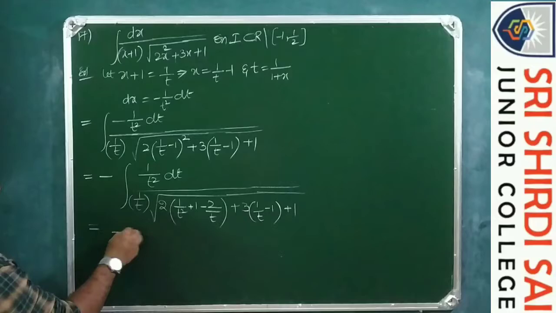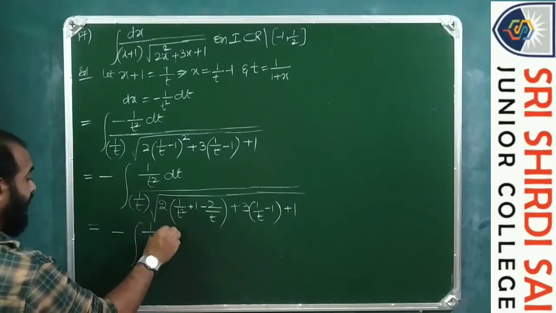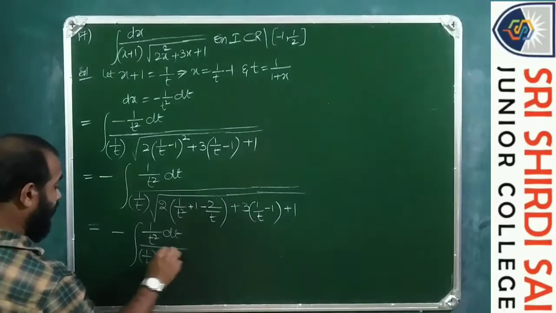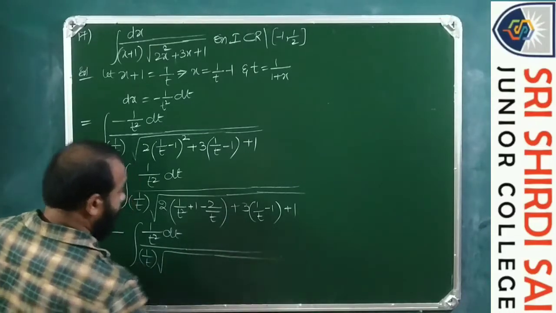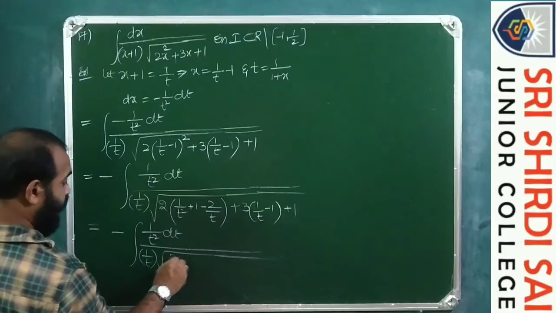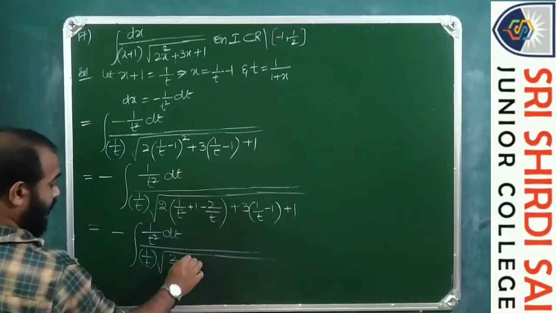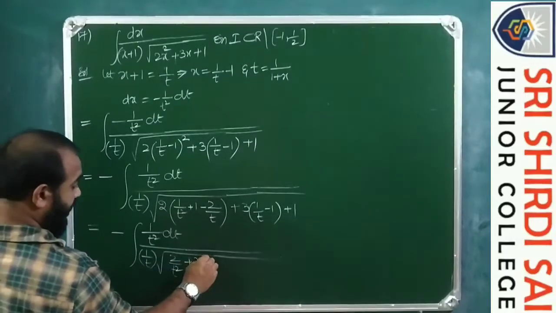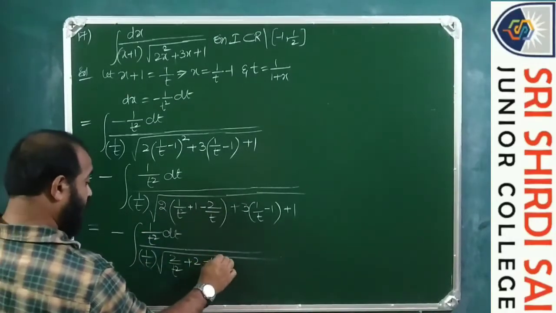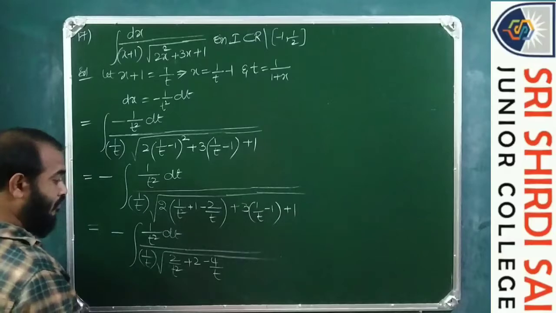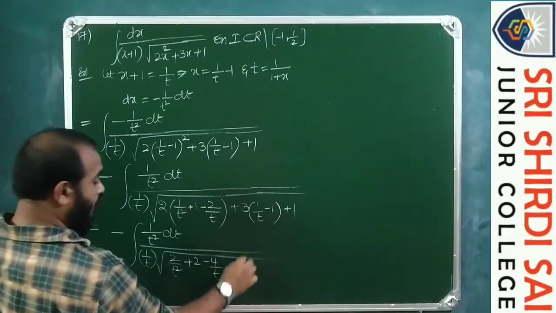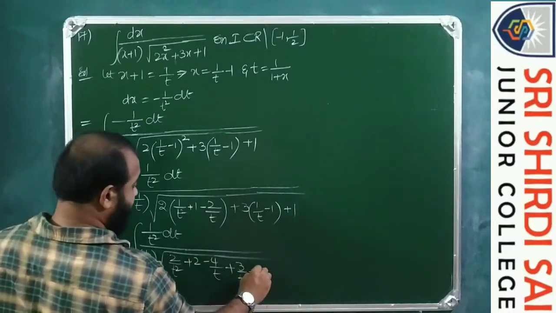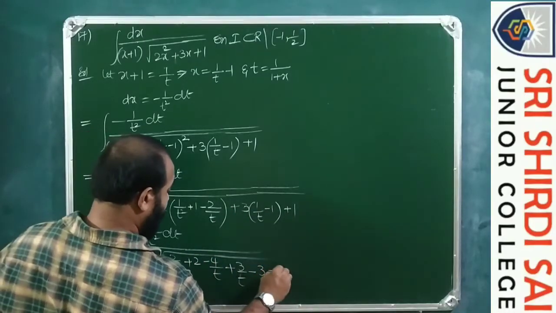This is equals to minus integral 1 by t square dt by 1 by t into, so 2 into 1 by t square is 2 by t square, plus 2 ones are 2, this is minus 2 twos are 4 by t, plus 3 into 1 by t, 3 by t, plus into minus, minus 3 ones are 3, plus 1.